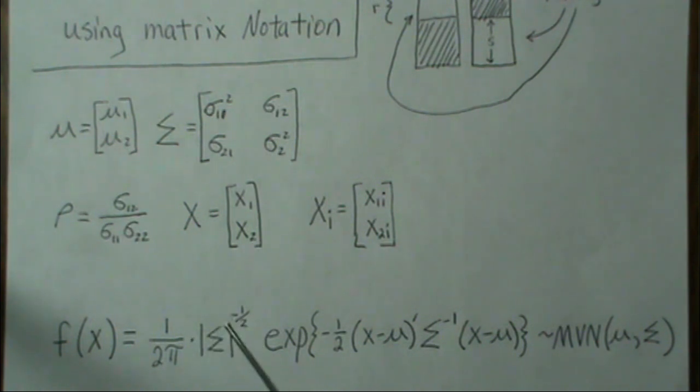So it could be 1 over this, or the square root of that, e to the, and then these are all matrices. This is the transpose of the observation minus the mean vector, times the inverse of the covariance matrix. In notation, we'll just call it multivariate normal with mean vector mu and this covariance matrix.